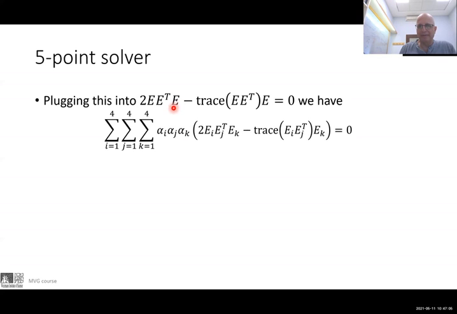When I do that, I get products of E1, E2, E3, E4 and so on. I write these products as a sum, where I goes from 1 to 4, J from 1 to 4, K from 1 to 4, of alpha I, alpha J, alpha K, EI, EJ, EK.